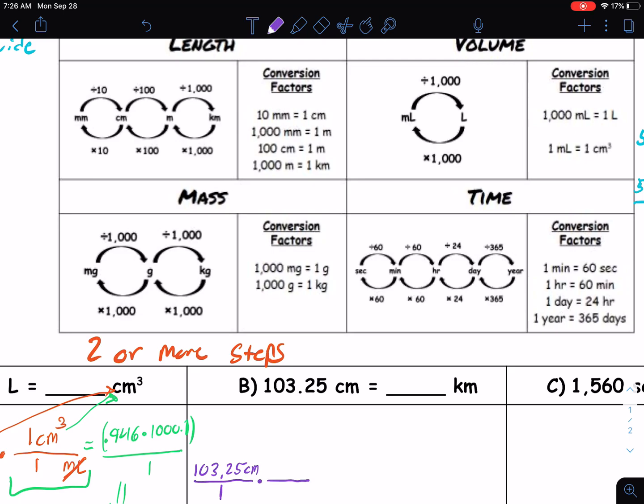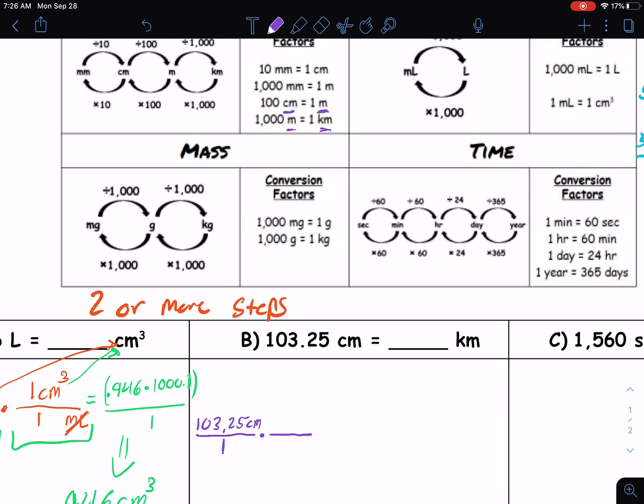Kilometers is bigger than centimeters. So the one here with centimeters to millimeters, that's going down. So we don't want to do that. We want to go up in our units. So centimeters and meters, that works out there. That's on a better path. We're going up in units. But I notice that I can turn centimeters into meters and then meters into kilometers. So you're going to do two steps here to convert it over into kilometers.